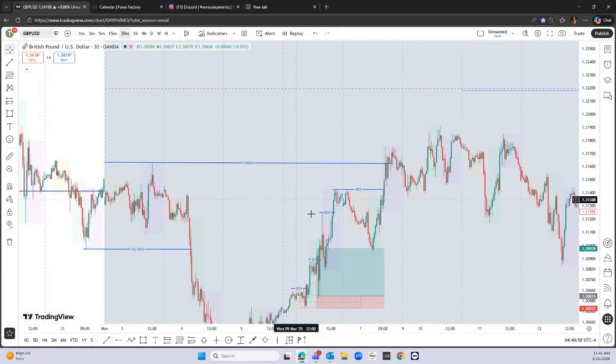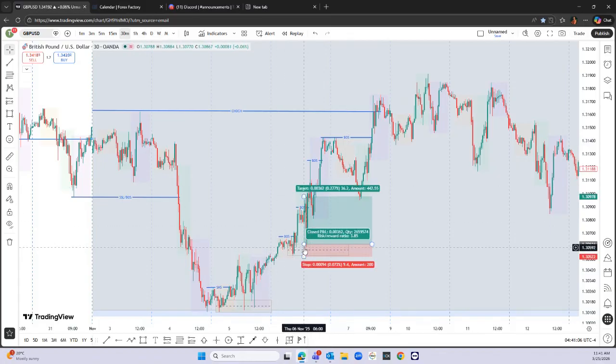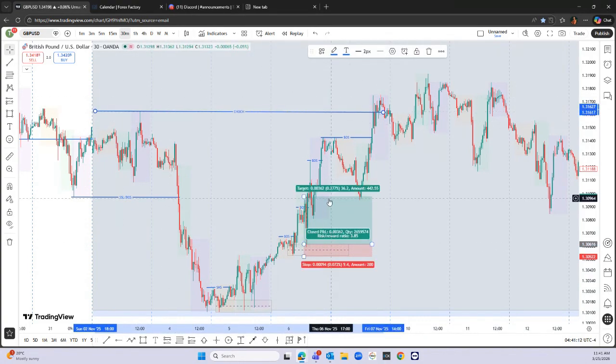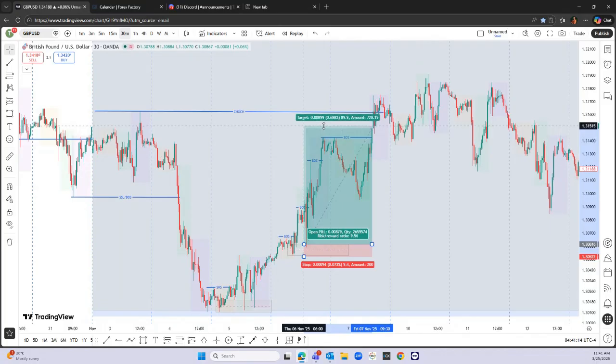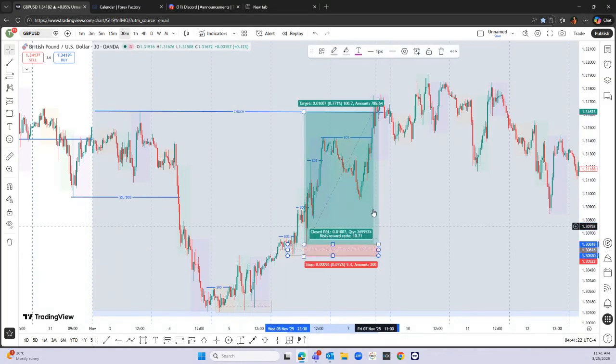Or maybe you can have multiple trades in this particular scenario. If our entry is here, then where should our target be? This particular liquidity area here, right? That's how we should target. And you see the price comes to that particular level, fulfilling the mandate of that particular structure, because now we are leaning on the bullish sentiment.